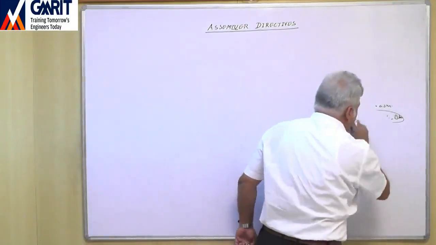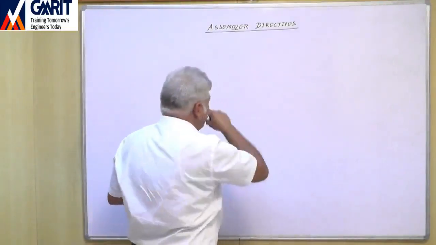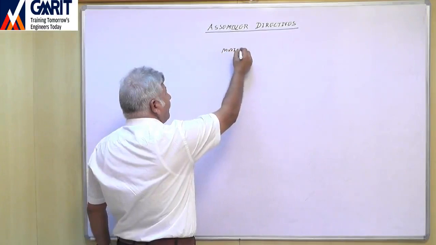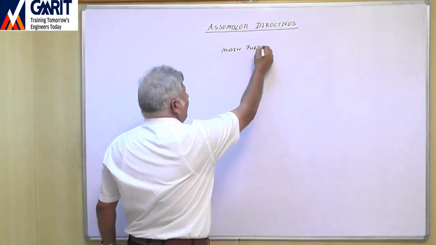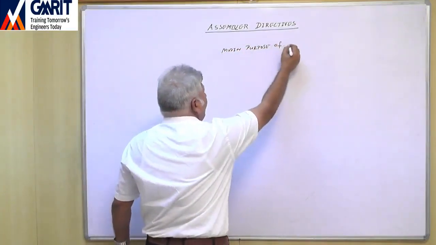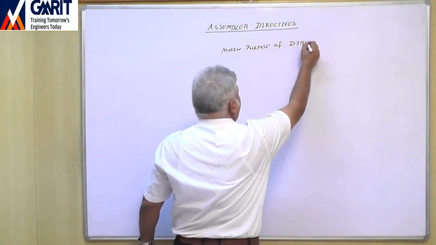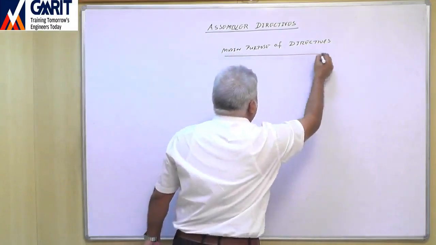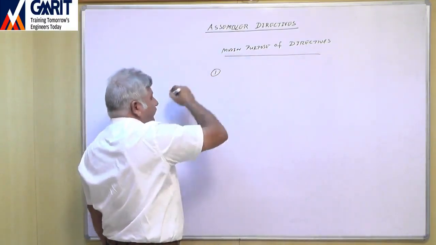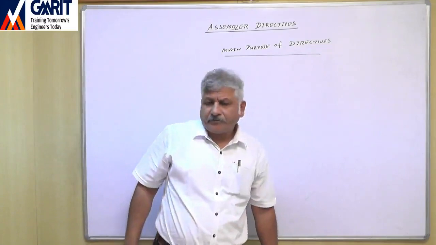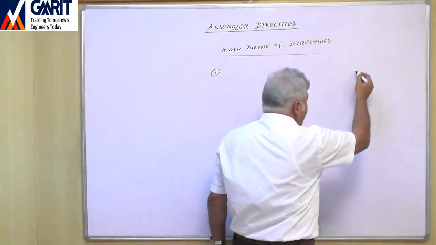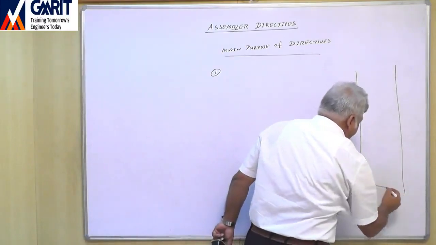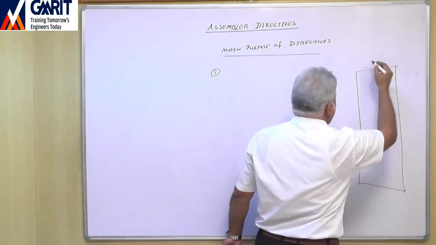So the main purpose of directives. Now suppose this is the memory which we have attached to our microprocessor.